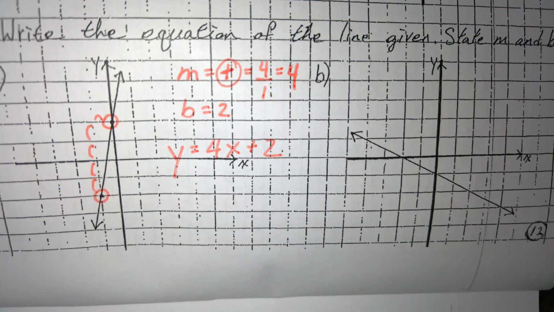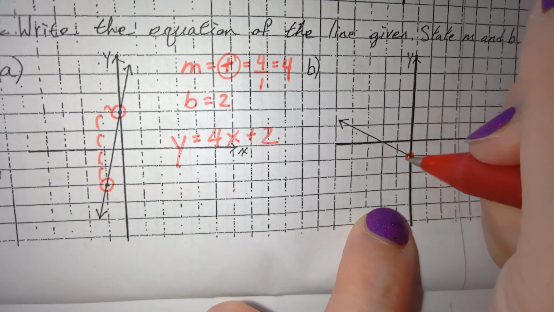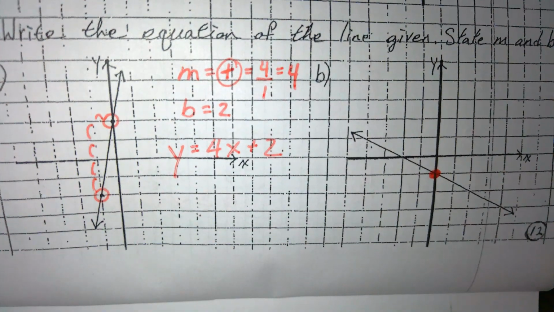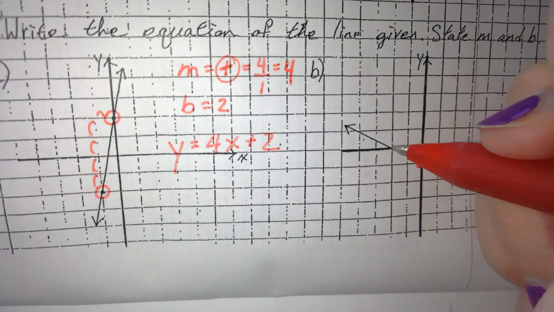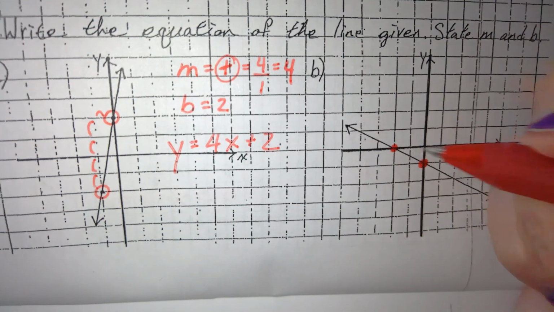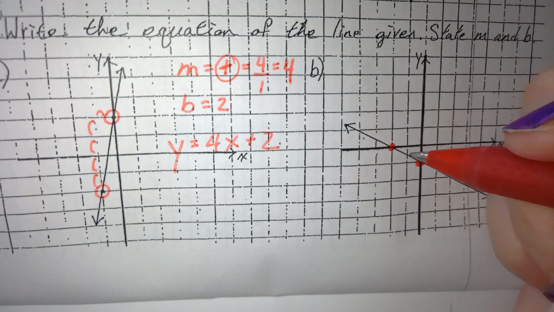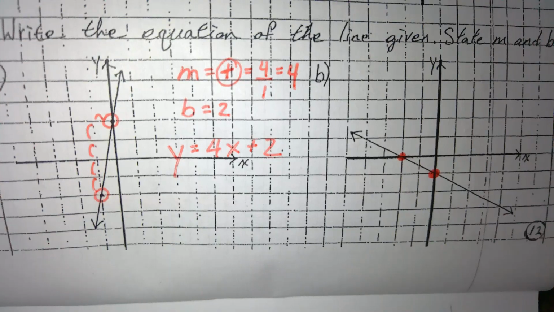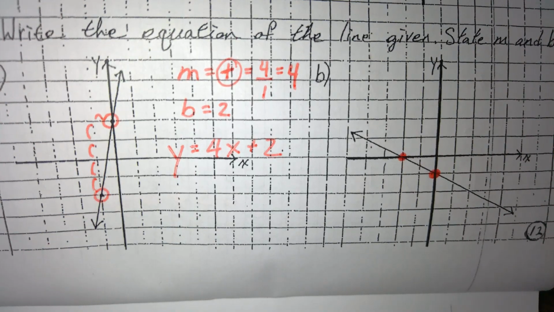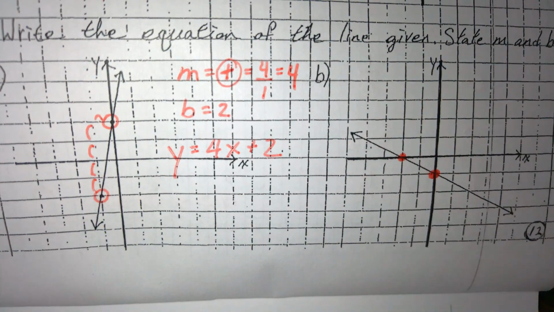The y-intercept. So this point definitely. What's another smart point to do? This is another smart point to do. Why is this one not a good one to use? It's not a whole number. So make your life a little easier. Choose whole numbers.